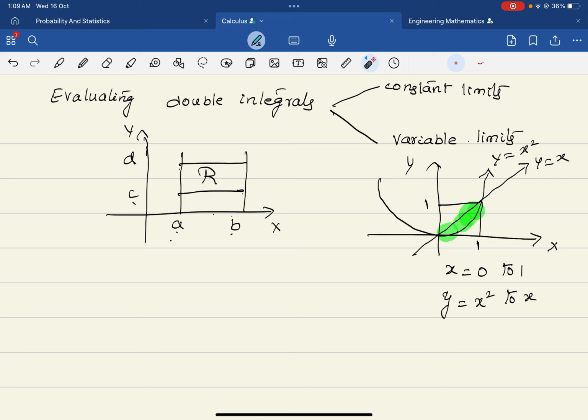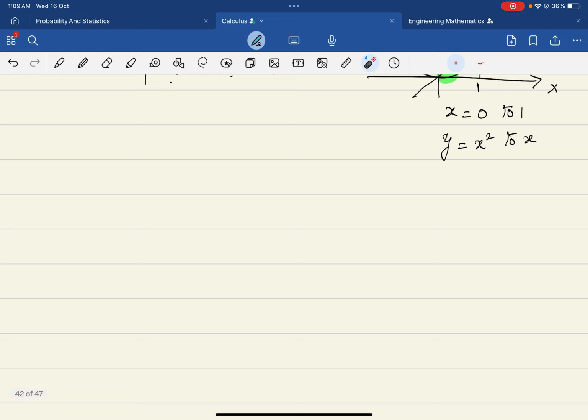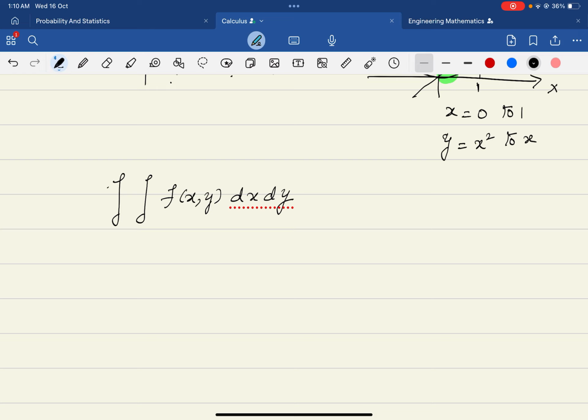Now I am dealing with constant limits at present. So, coming to the evaluation part, how to do it. Before going to the problems, I'll give you one small hint about the function f of x comma y dx dy. The limits of x are from a to b and the limits of y are from c to d.